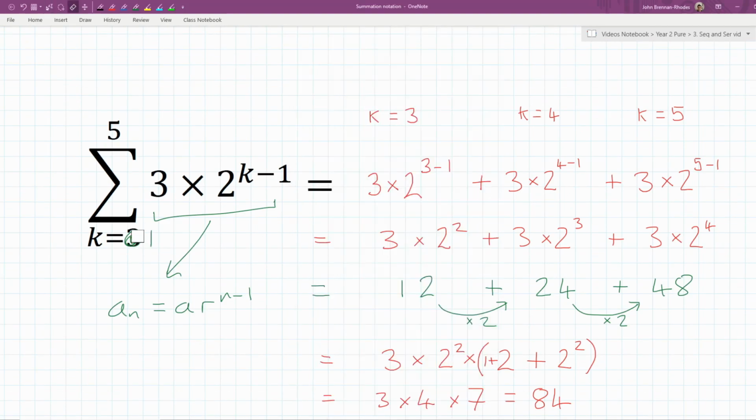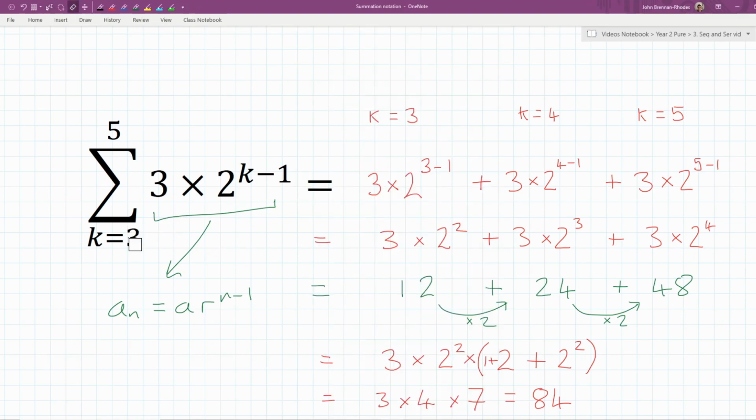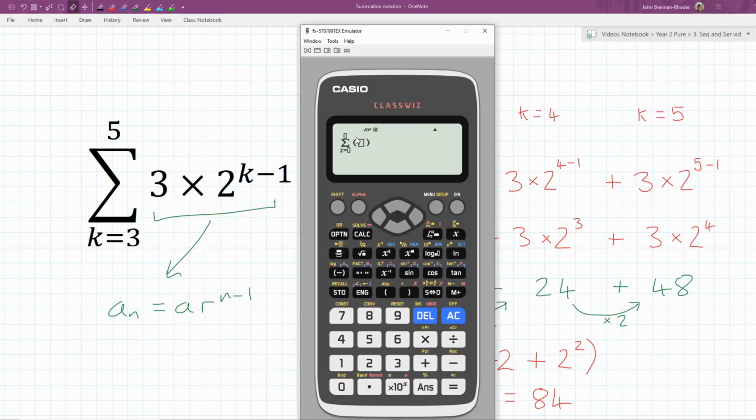I'm going to go back to going from 3 here. So let's have a look what we get. So if I start at 3, let's just make sure I erase that properly. Okay, right, so I want to sum 3 times 2 to the k minus 1. Now, I can notice that in here they've put x here instead of k.